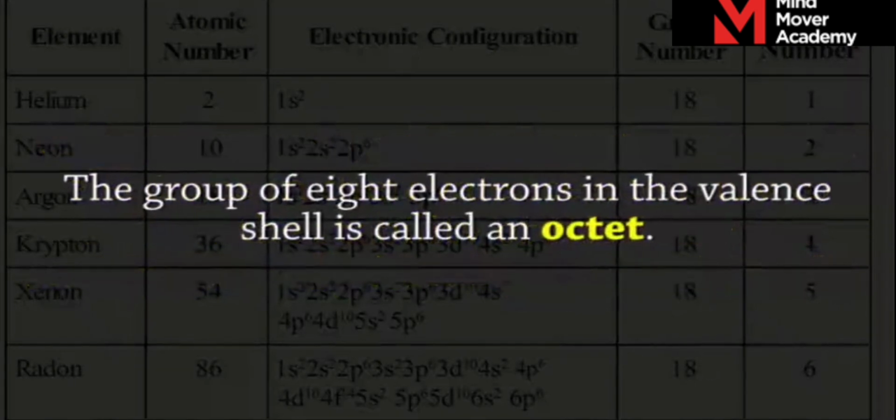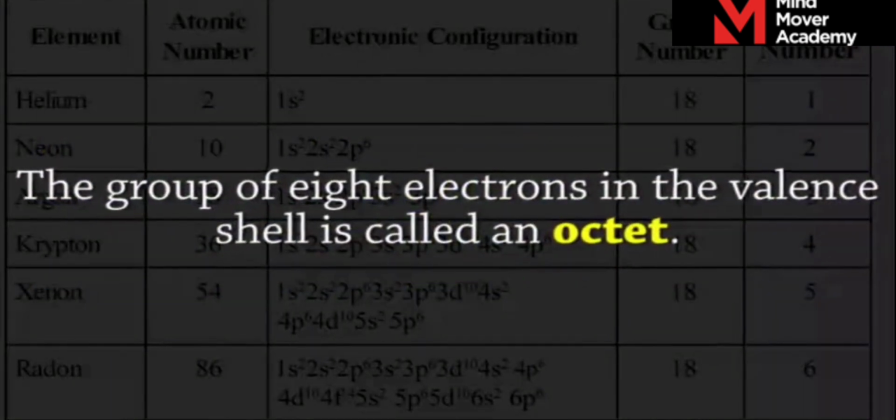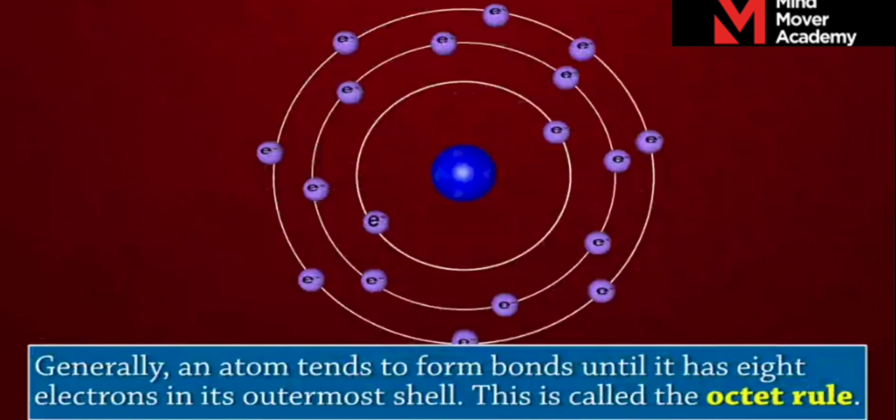The group of 8 electrons in the valence shell is called an octet. Generally, an atom tends to form bonds until it has 8 electrons in its outermost shell. This is called the octet rule.